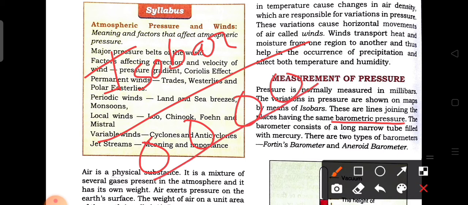The areas which have the same barometric pressure, we connect them by a line, an imaginary line, and that is called an isobar.